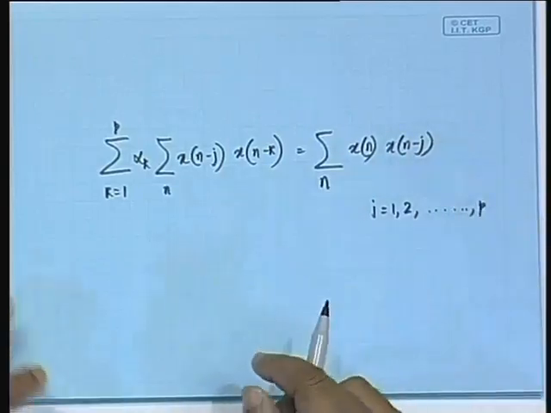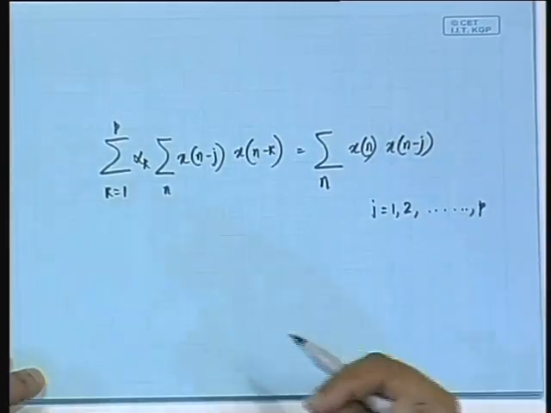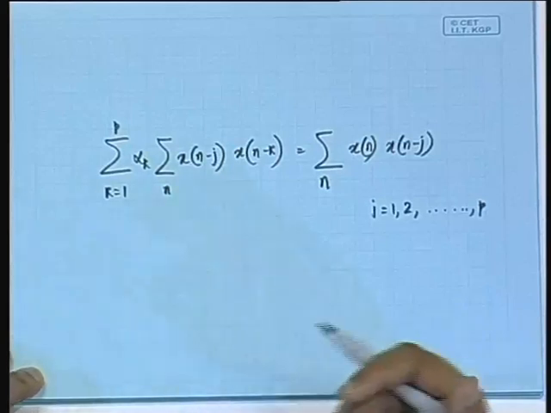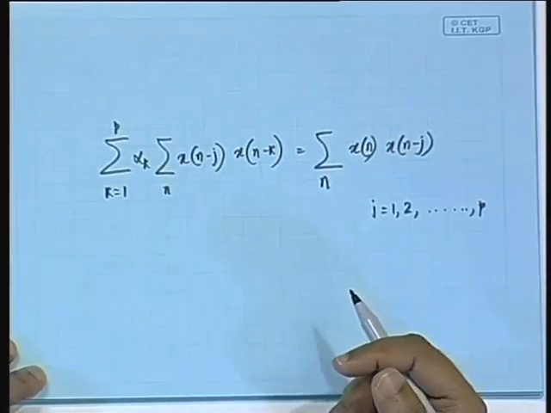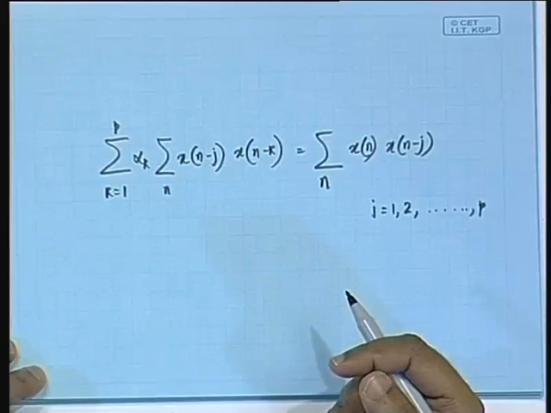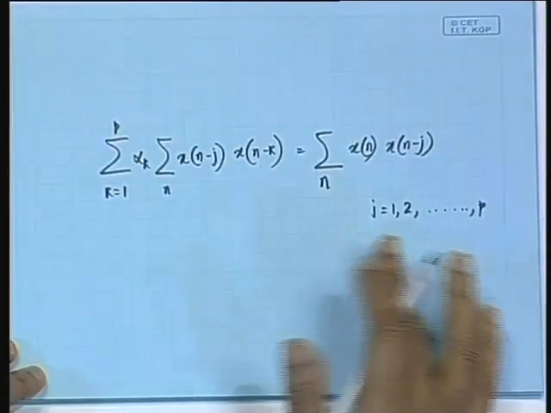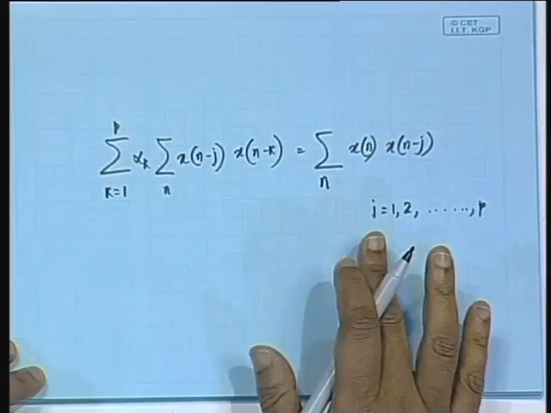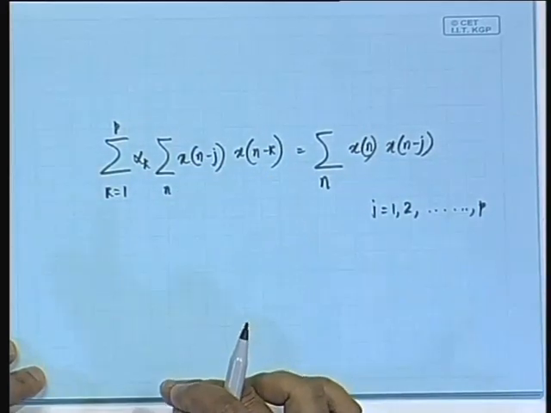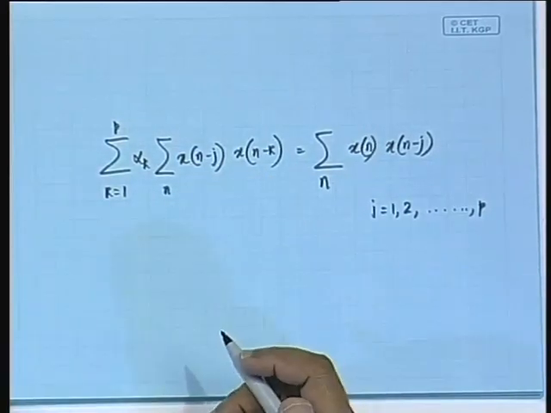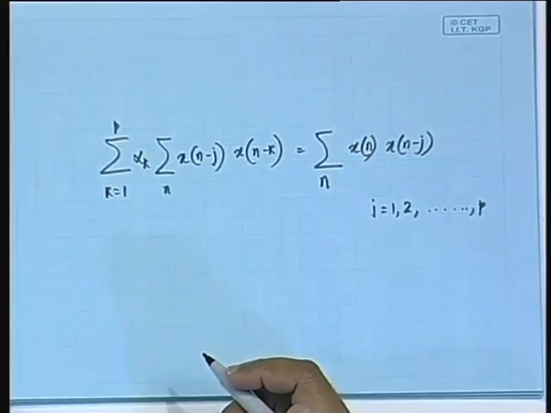And what is p? P is the order of prediction, meaning up to how many past samples we are taking for prediction, and alpha k's were the coefficients which we want to determine. So essentially we have got a set of p equations and p unknowns. What are the unknowns? The unknown quantities are alpha 1 to alpha p.